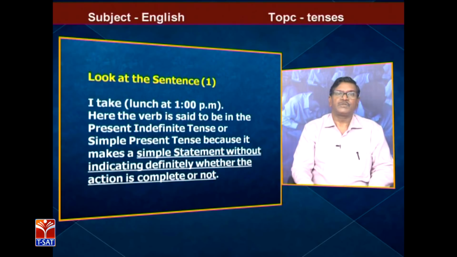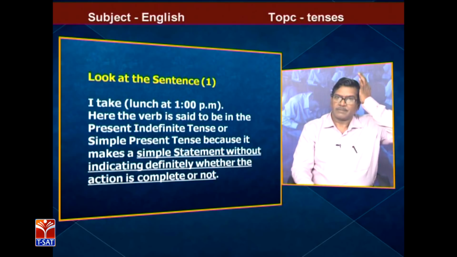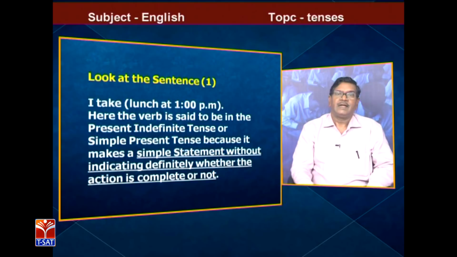Now, look at sentence 1, I take lunch at 1 p.m. Here the verb is said to be in the present indefinite or simple present tense, because it makes a simple statement without indicating definitely whether the action is complete or not. Now, look at sentence 2, I am taking lunch now.